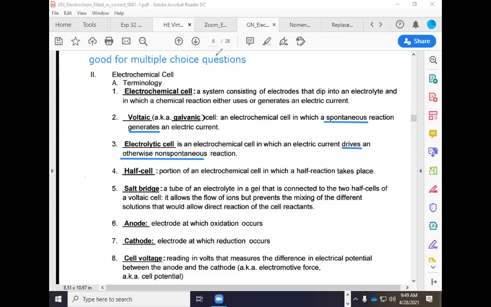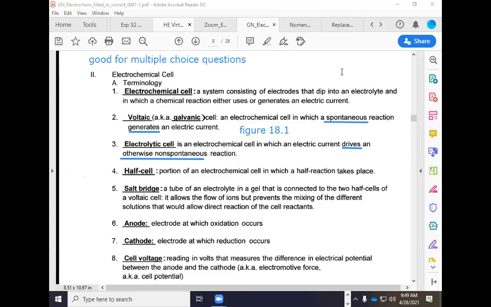If you can open up your ebook, or if you have the physical book, look at figure 18.1.